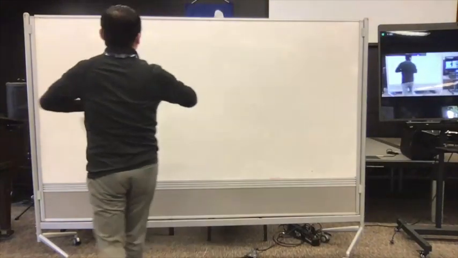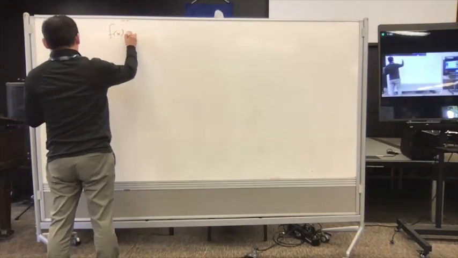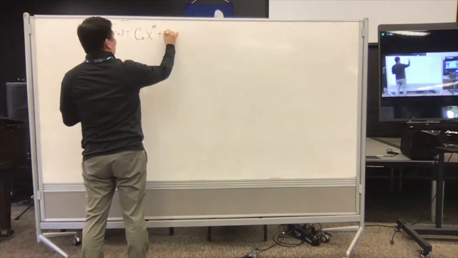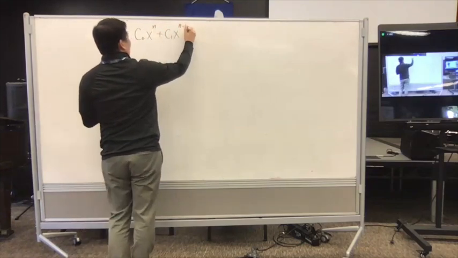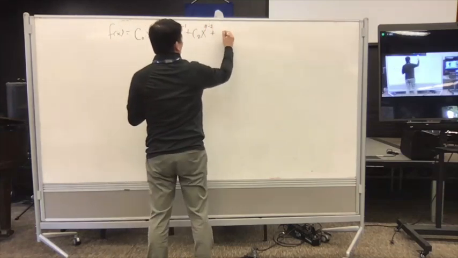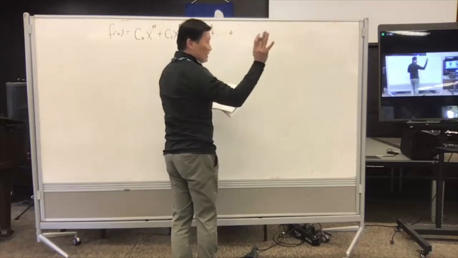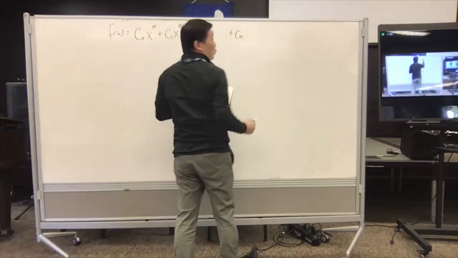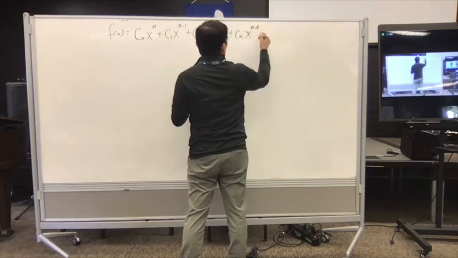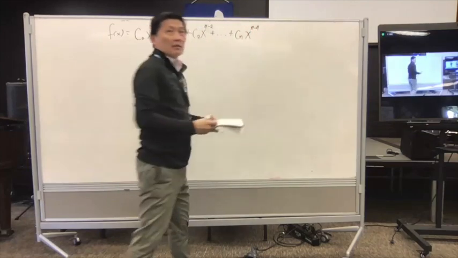So let's take a look at this. F of x is equal to c0 x to the n power plus c1 x to the n minus 1 plus c2 x to the n minus 2 plus dot dot dot, however many terms it takes, to the nth term, x to the n minus n. Okay?